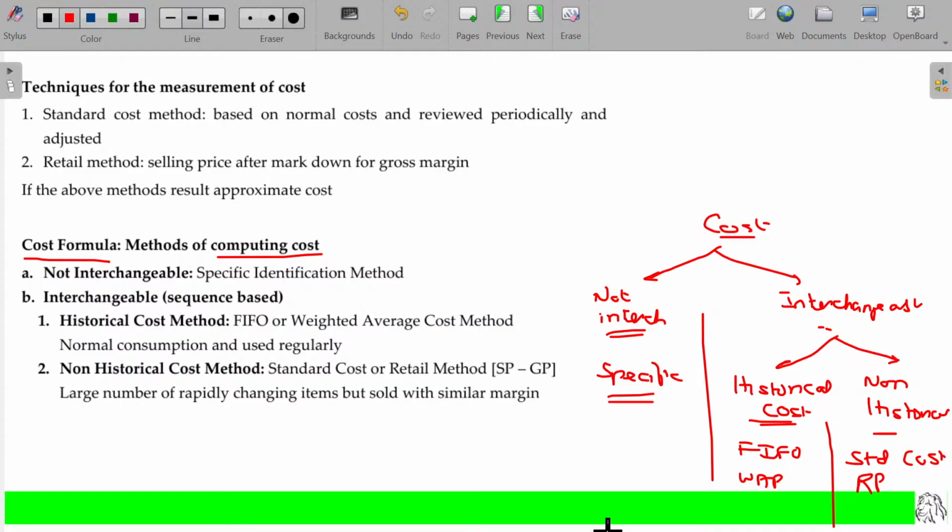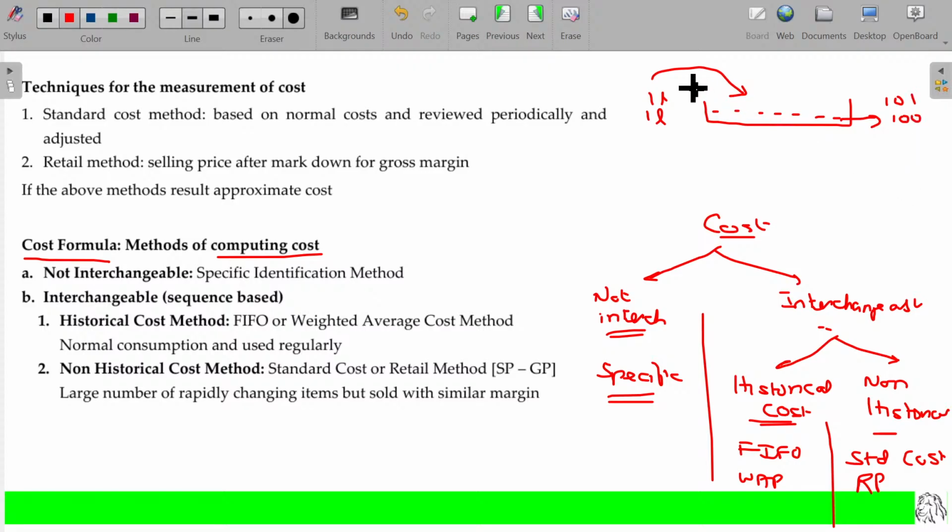When it is about petrol in the bunk, they purchase in a tanker and fill the petrol in the bunker. First, around 1 lakh liters of petrol is purchased at the rate of rupees 100. Again, in the second lot they purchased another 1 lakh liters at the rate of rupees 101.